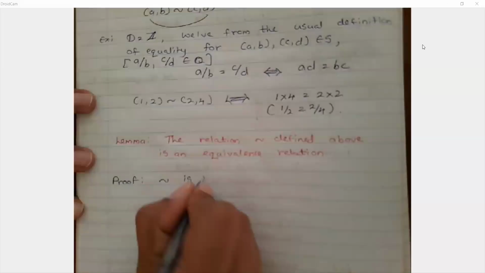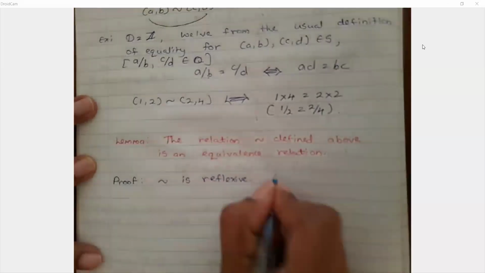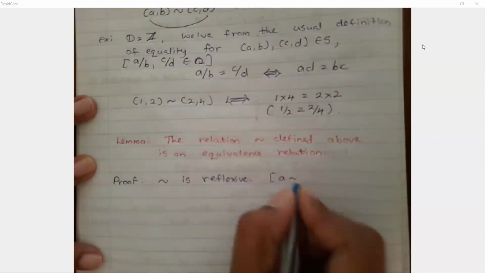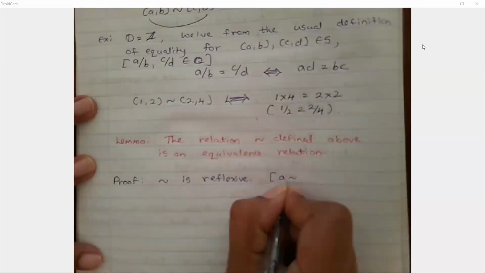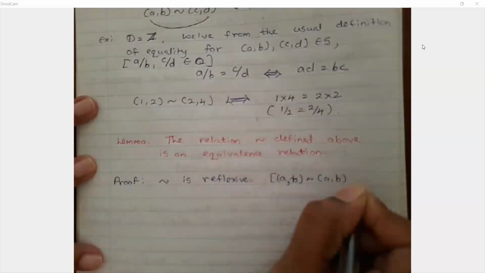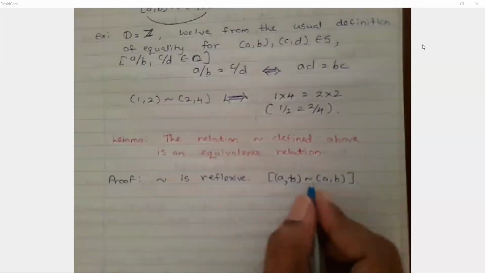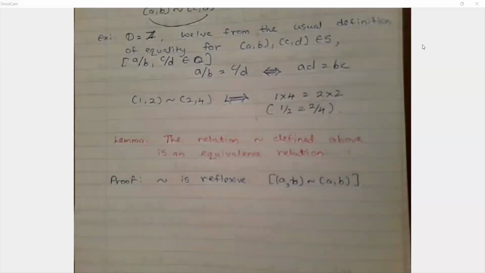First, tilde is reflexive. What do we mean by reflexive? In order to prove this, we have to show that (A, B) is equivalent to itself. So this element is equivalent to itself. Now this is true.